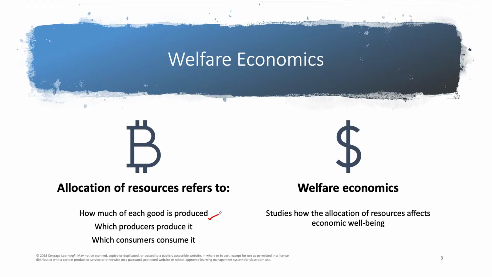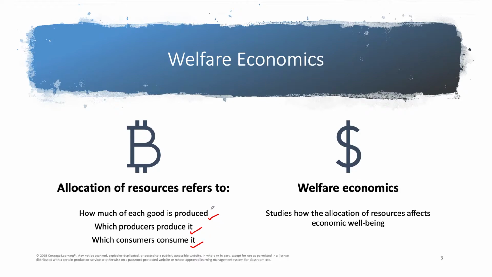So there's a wide array of goods that an economy can produce. How much of each of these goods gets produced? Which producers will produce it? So there's a wide array of producers with different costs. So which producers get to produce and supply into this market, and which consumers consume it, right? That's basically how we allocate resources.